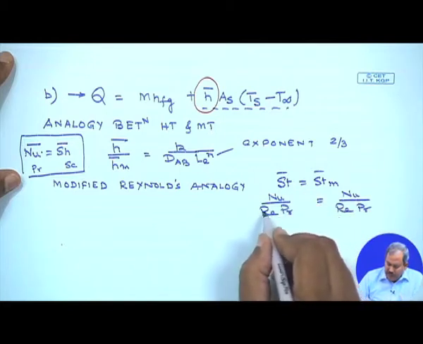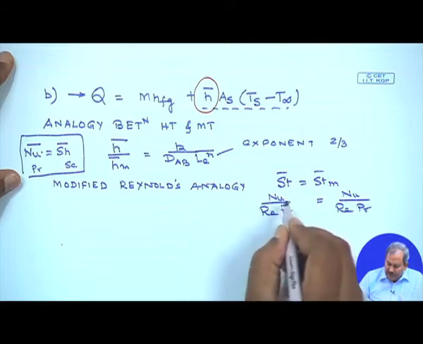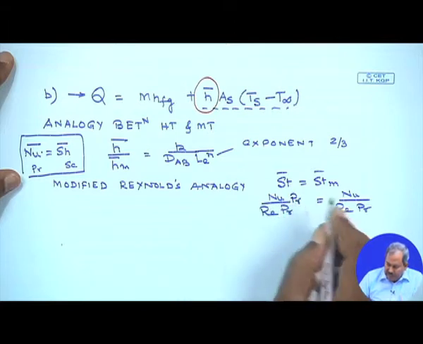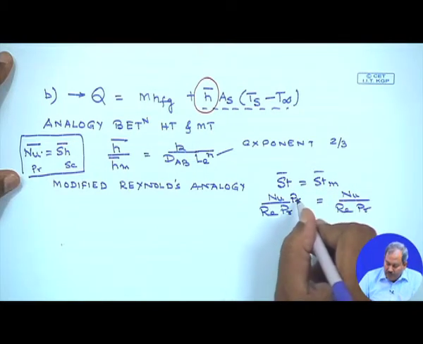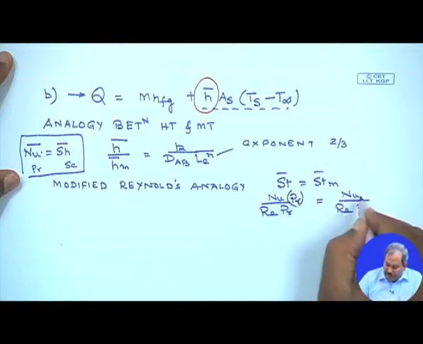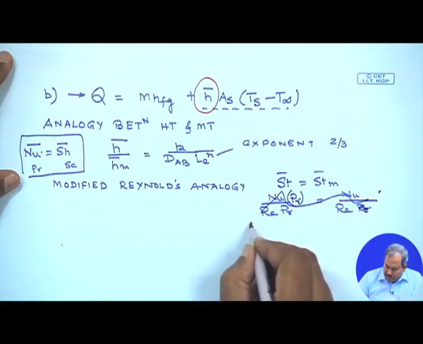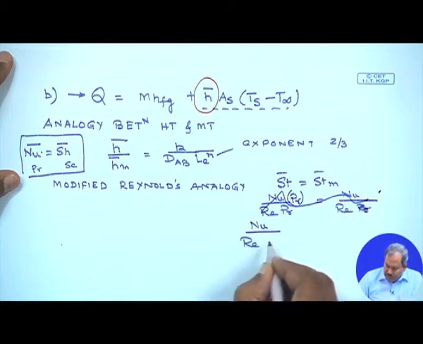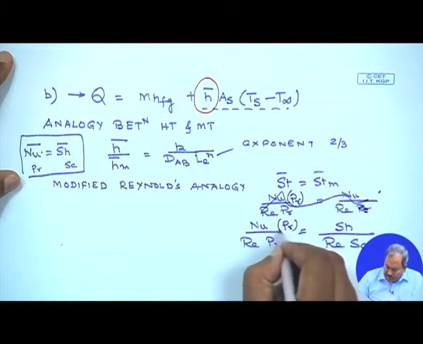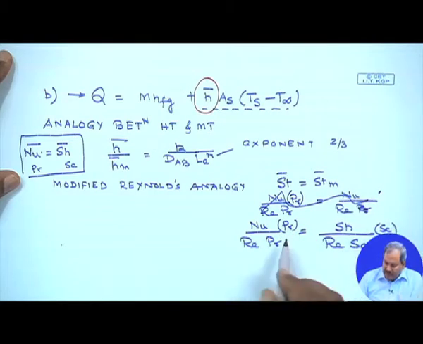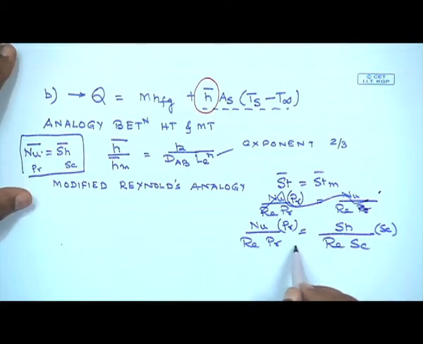If you are using these for Reynolds analogy, in order to obtain this over a wide range of values of Prandtl number and Schmidt number, a correction factor is added so as to make them valid over a wide range.